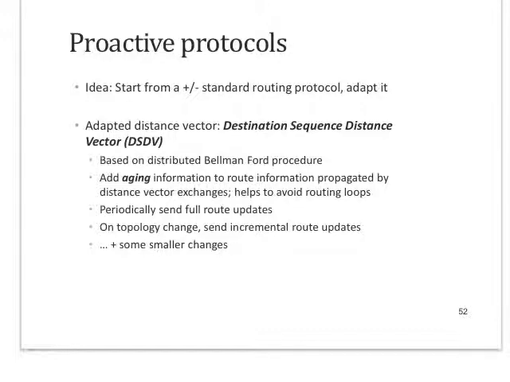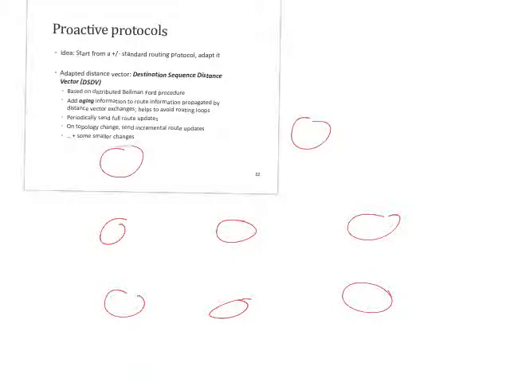And if there is a change in the network, the node that's affected by this change will trigger a new route update. So for example, this is just an enhancement to this routing protocol. So we have a network. Okay, and then this is the best route. This node moves.